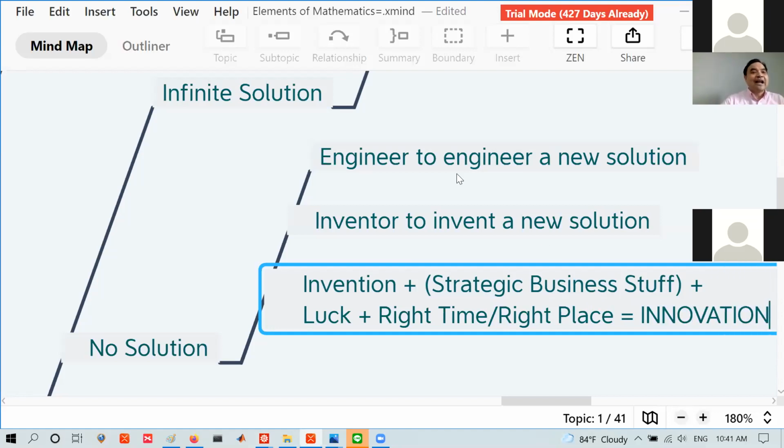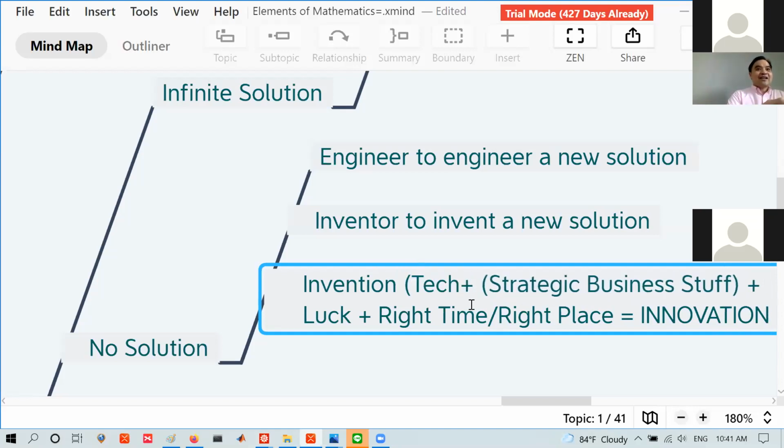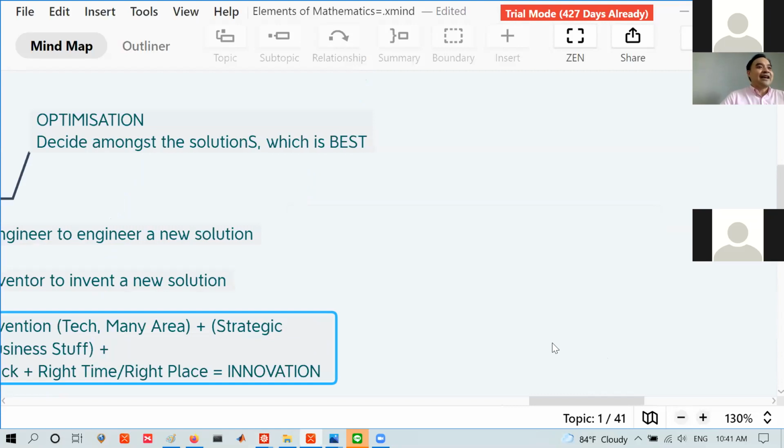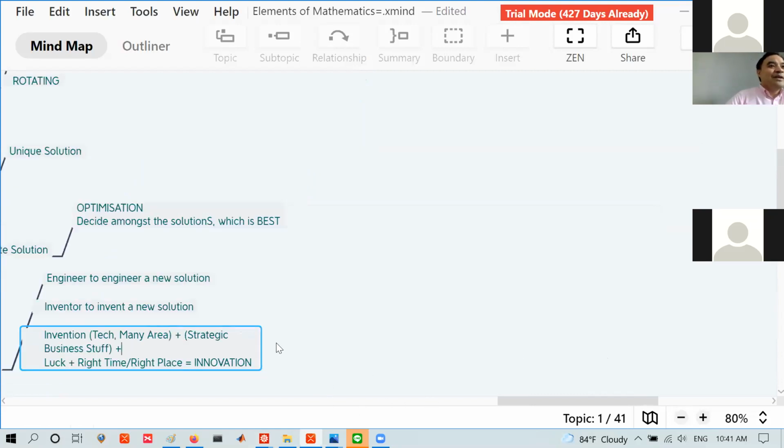Now, when you invent, the engine here is technology. So this is where technology comes from many areas. Okay. So this is basically the definition of Mathsci, right? You're learning to be innovative by using transdisciplinary approaches.